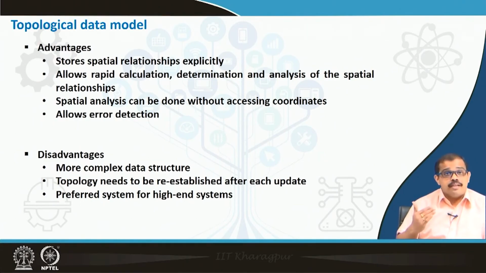It allows rapid calculation, determination and analysis of spatial relationships, which is extremely important. Spatial analysis can be done without accessing coordinates. You do not need coordinates, but you can do spatial analysis, and it always allows error detection. That is extremely important when you are representing a data model.